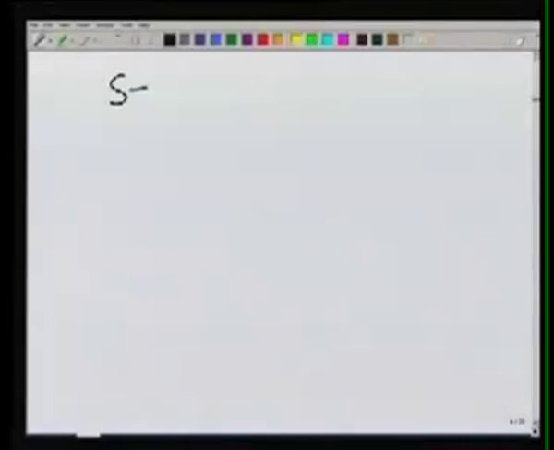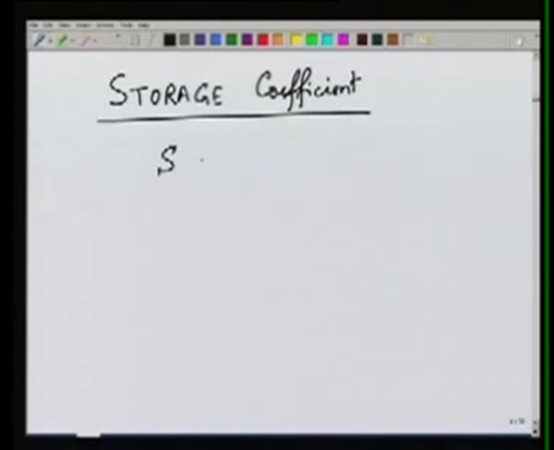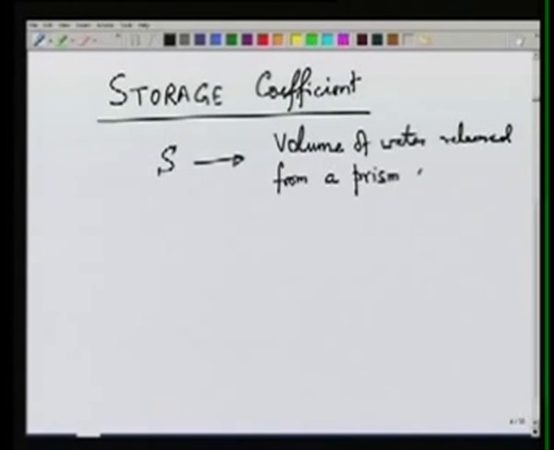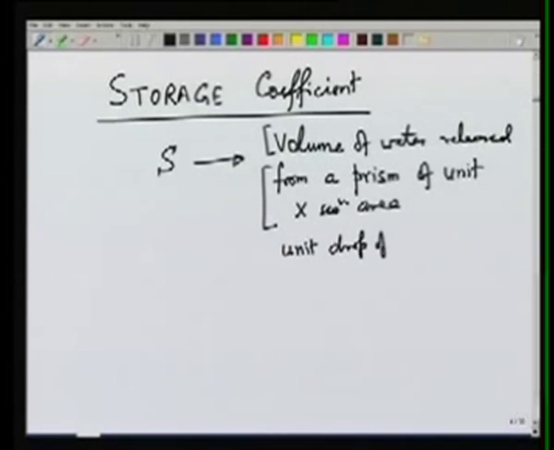So let's define a term which is known as the storage coefficient, typically denoted by S. S is the volume of water released from the formation from a prism of unit cross section area with unit drop of piezometric head.